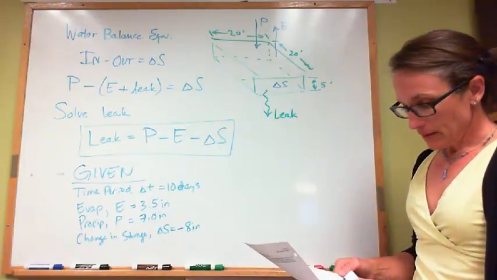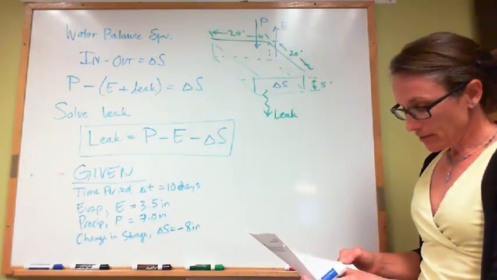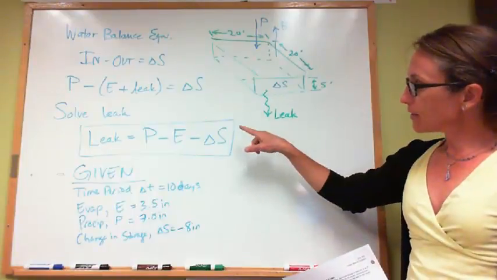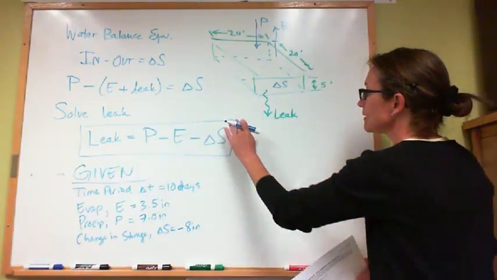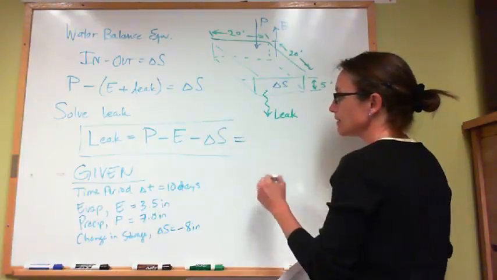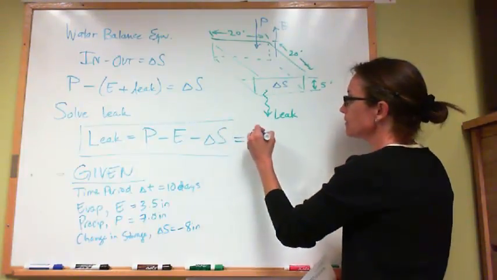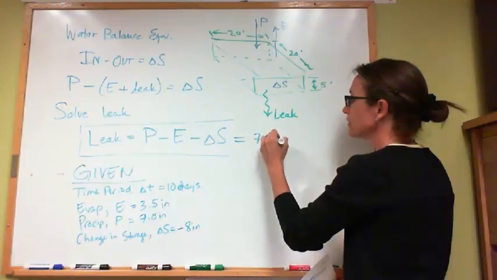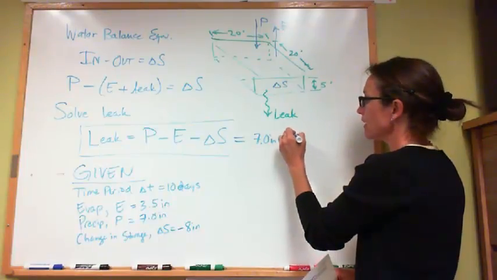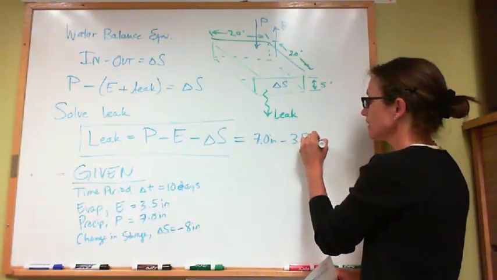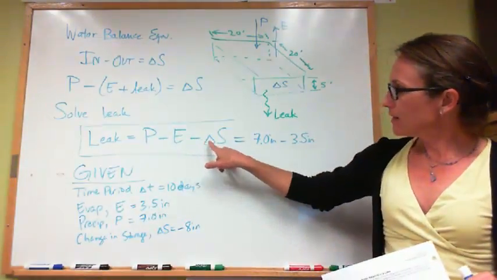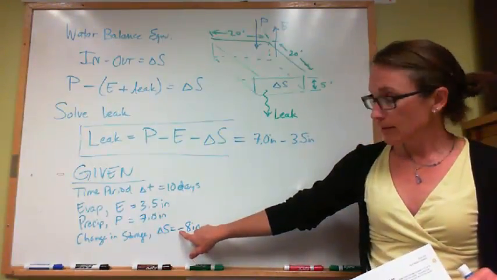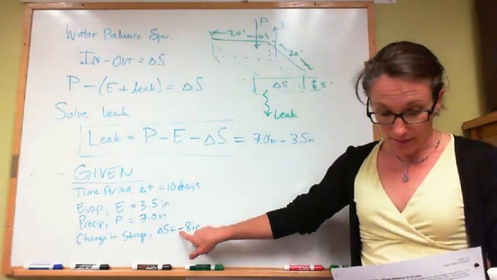So this one's pretty simple to get the amount of leak in inches now. We can plug this in. We get our precip is 7.0 inches minus our evap, 3.5 inches. And this is tricky. Notice we have minus our change in storage, but our change in storage is negative.